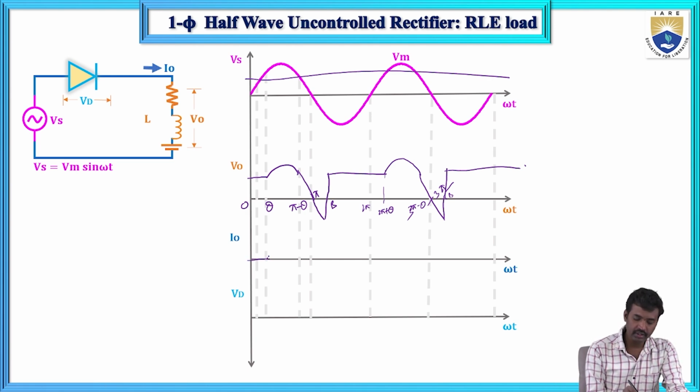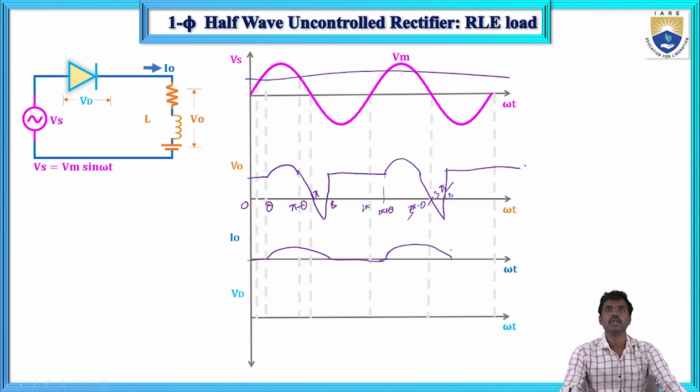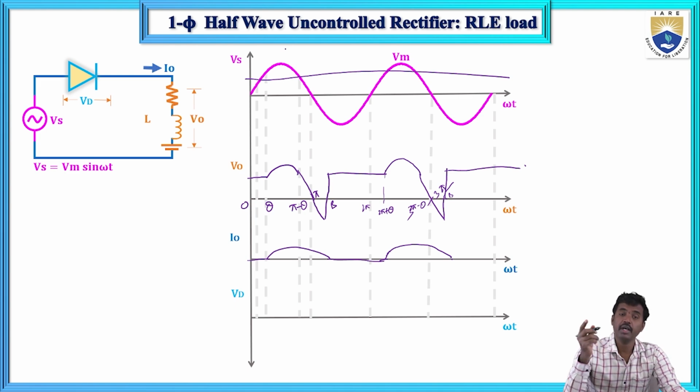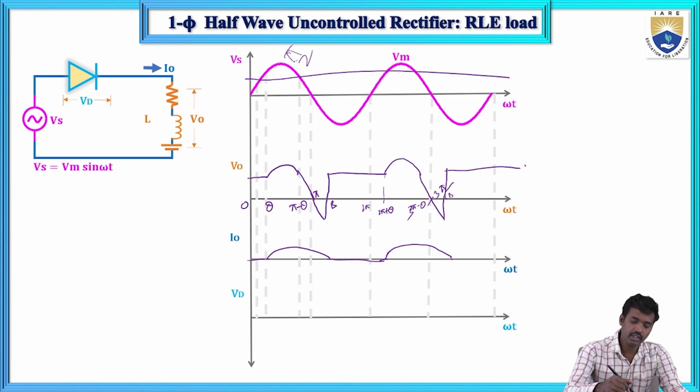The current is conducting up to beta. In the previous RE type of load, the maximum value of current was at pi by 2, but now it lies in between pi by 2 and beta.